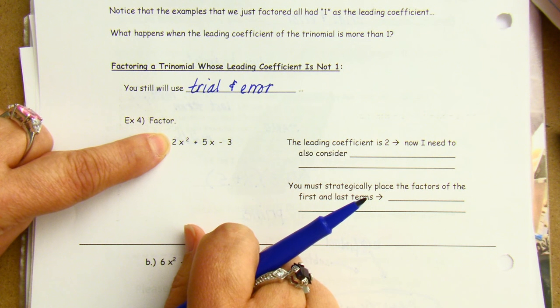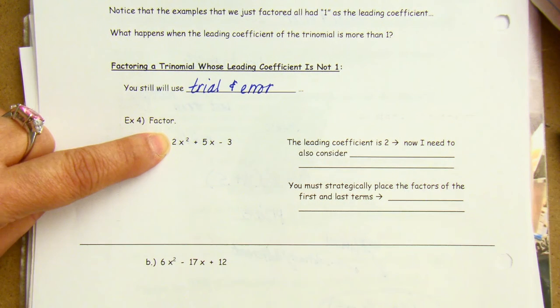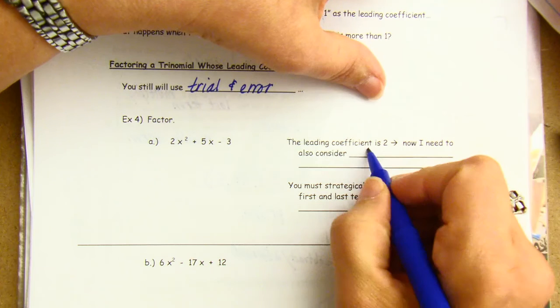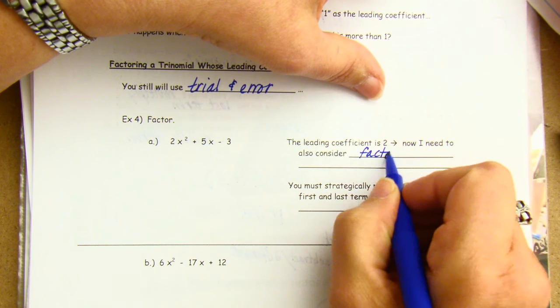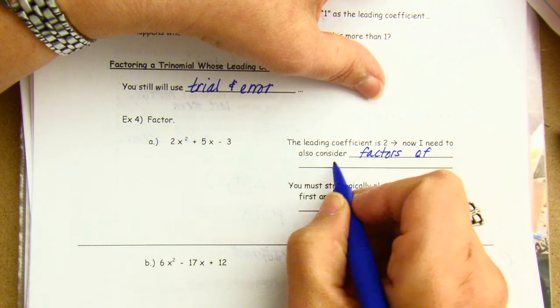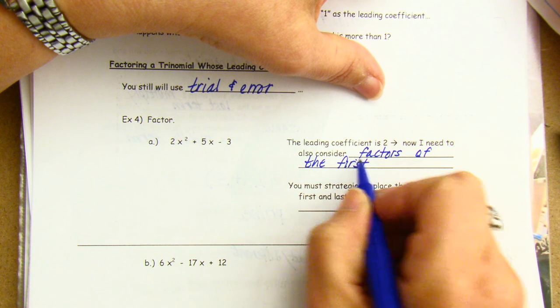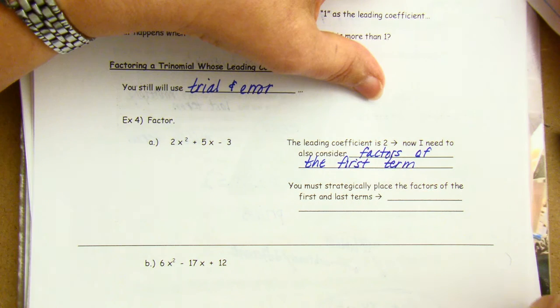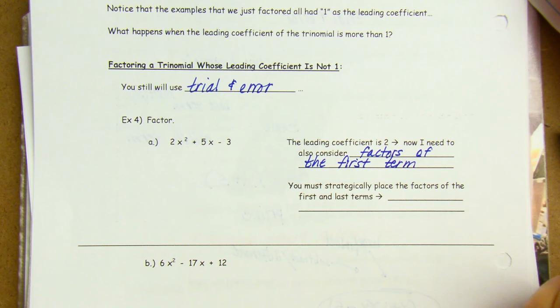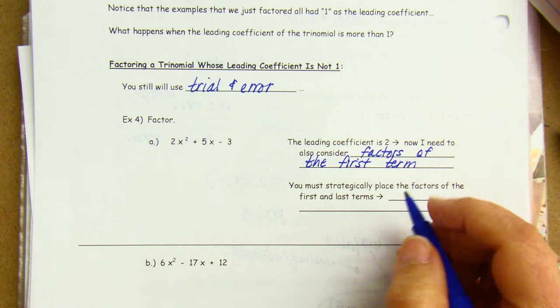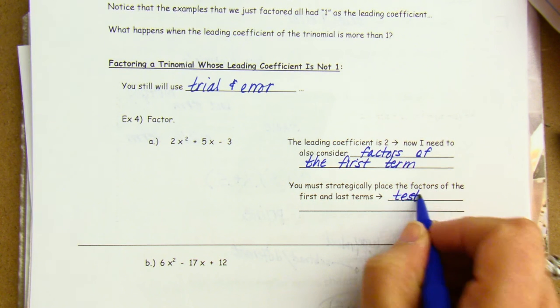These are trickier. The leading coefficient is 2. Now I need to also consider factors of the first term. And then you have to strategically place the factors of the first and the last terms and then test the combinations.